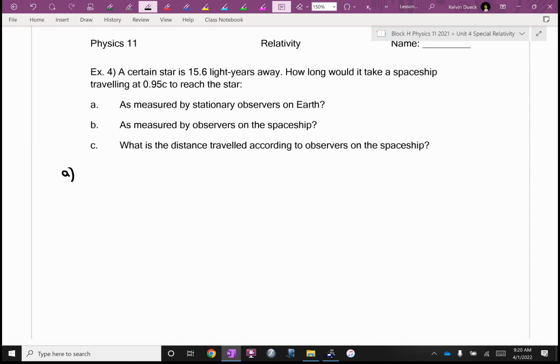How long would it take a spaceship to reach the star? Because I've told you, how long is a vague phrase. I did that on purpose. Is that a length or a time? Time, I agree.